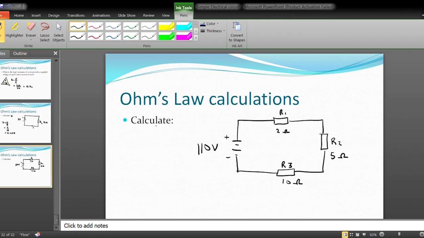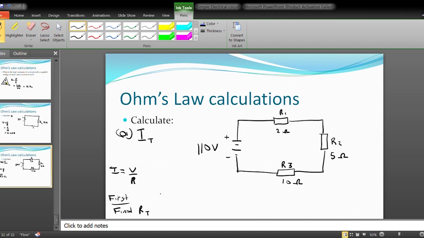And the question could ask you to find the total amount of current. Because current is equal to V divided by R. But we have more than one resistance in the circuit. So the first thing we'll have to do is find RT, which is the total resistance.